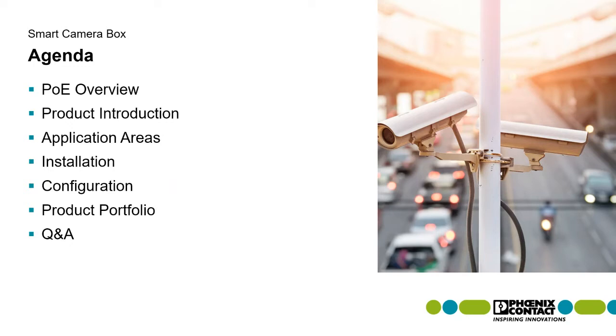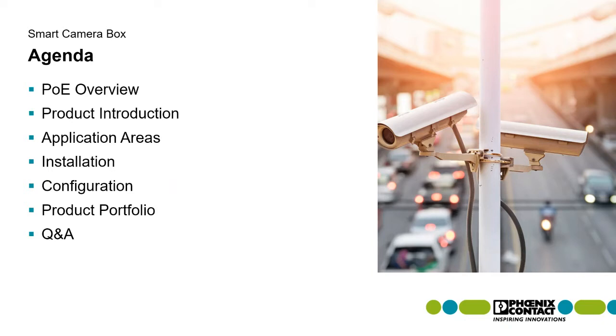Next, we'll get into more of a product introduction. I have a really nice video that our company's put together, a really cool exploded view to see all the different features that the box can provide. Next, we'll go into some application areas, to get an idea of an example project to see where the box really fits in.